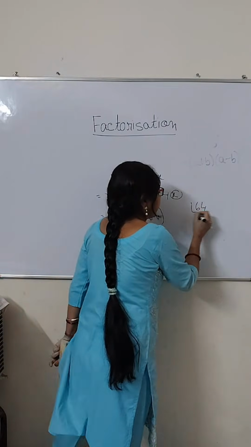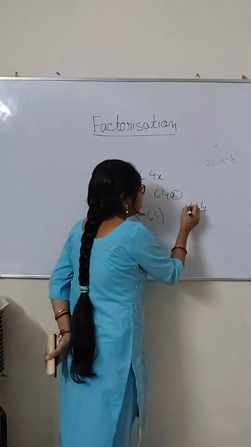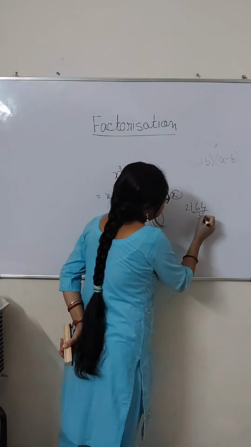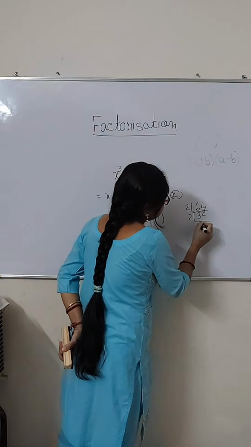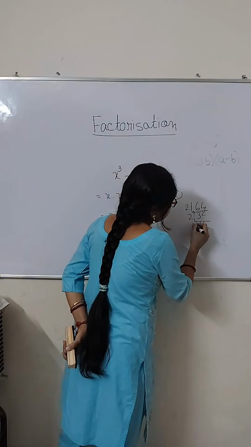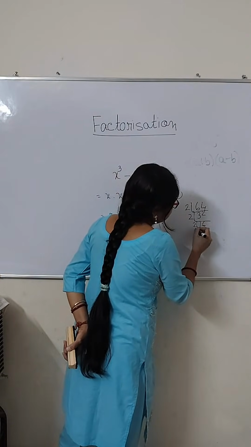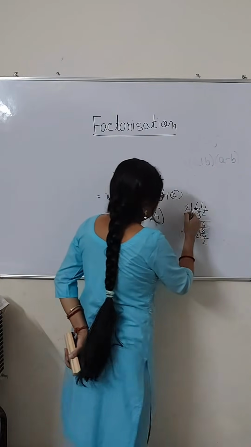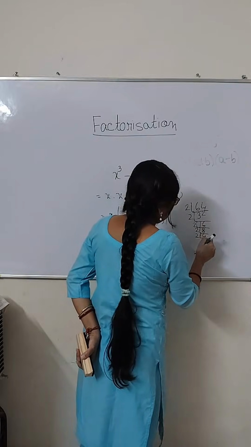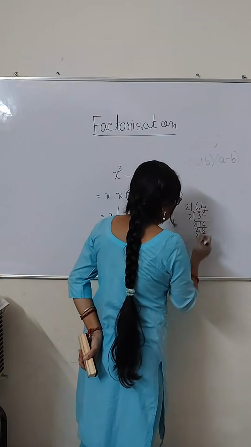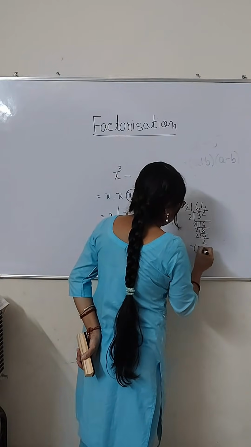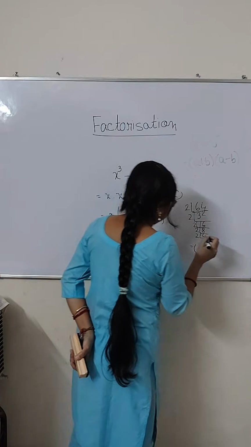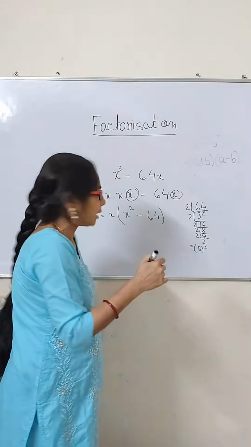Okay, carry on. Now 64. First do it by the prime factorization method. 2, 3, 2. It is 8 square.